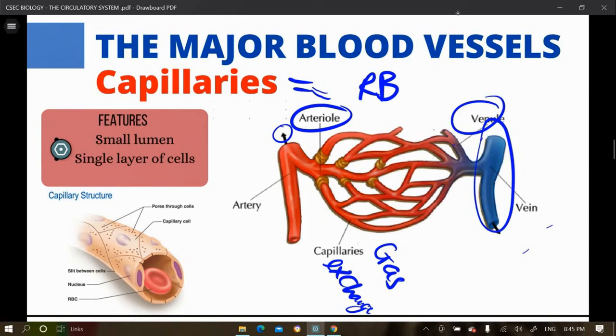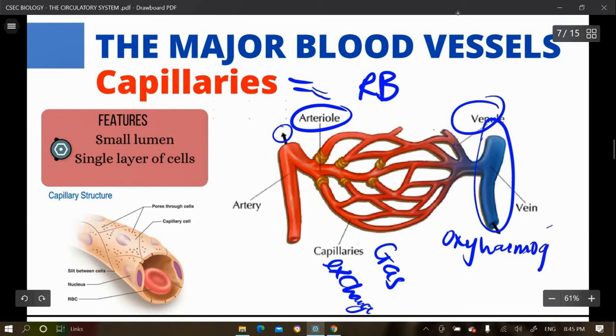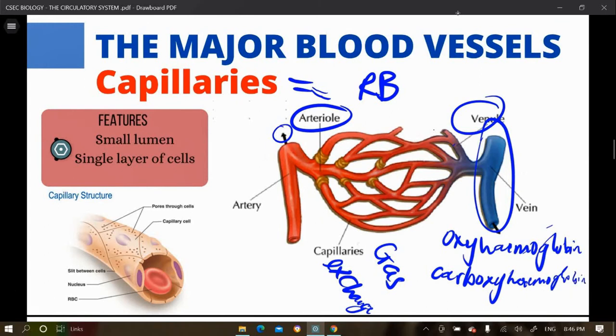And I will mention later oxyhemoglobin, hemoglobin, and carboxyhemoglobin. Alright? So basically, oxyhemoglobin is hemoglobin with oxygen. So that's when red blood cells have oxygen and not carbon dioxide.